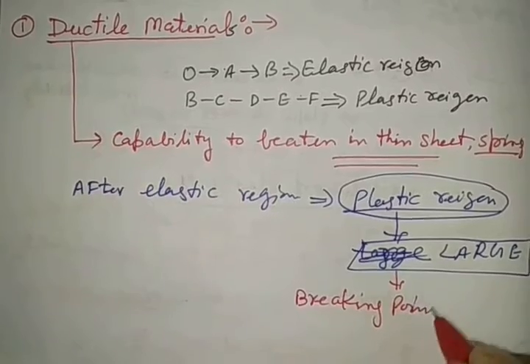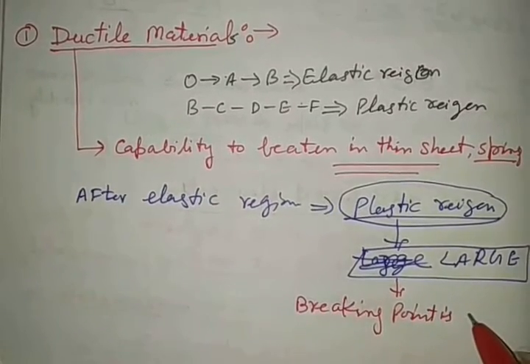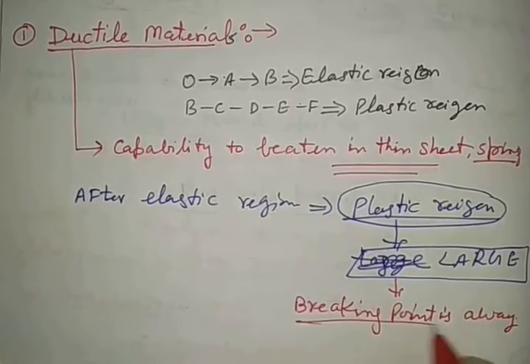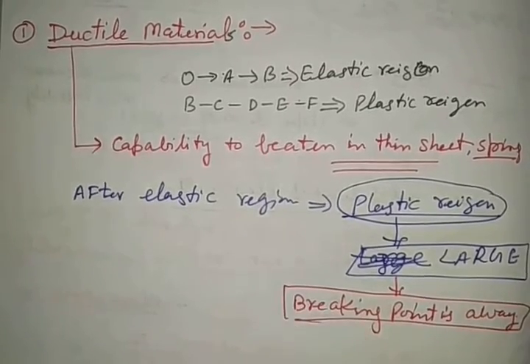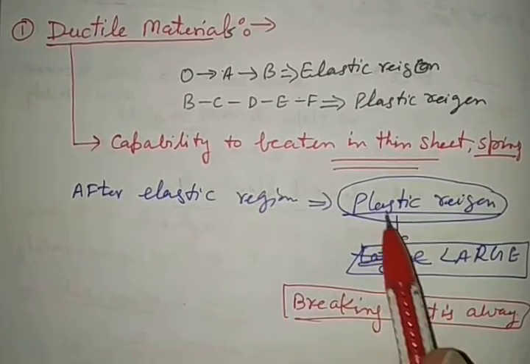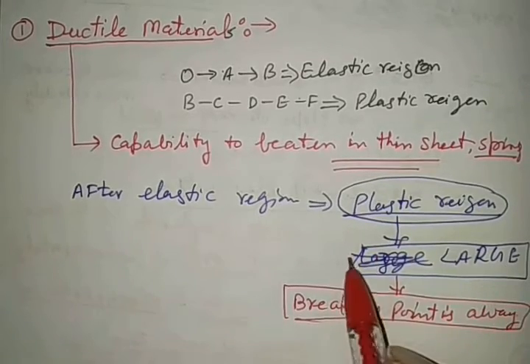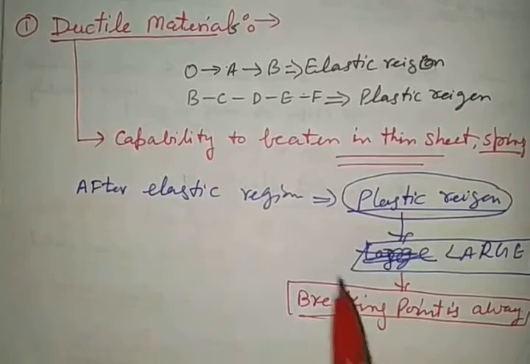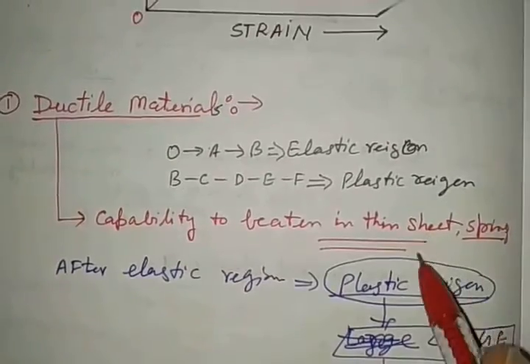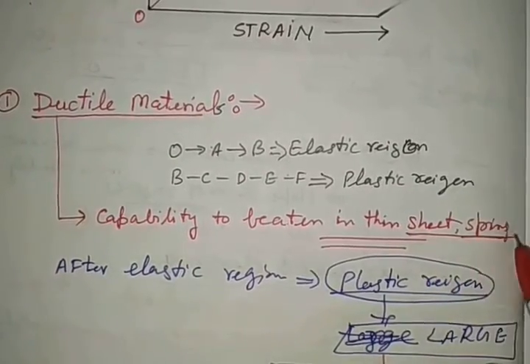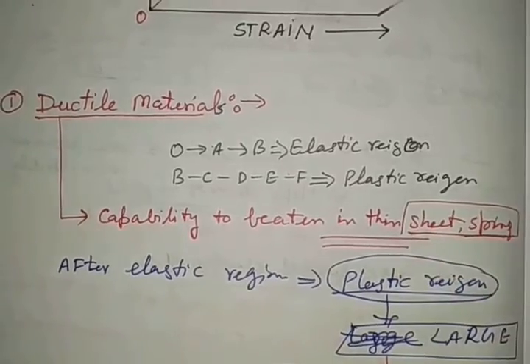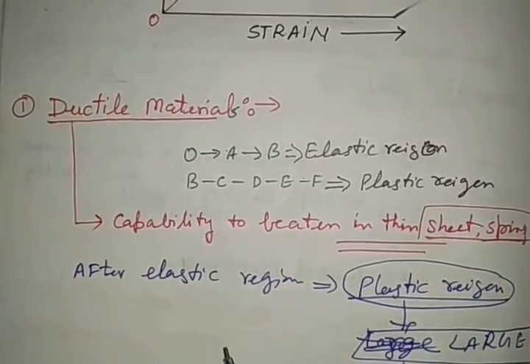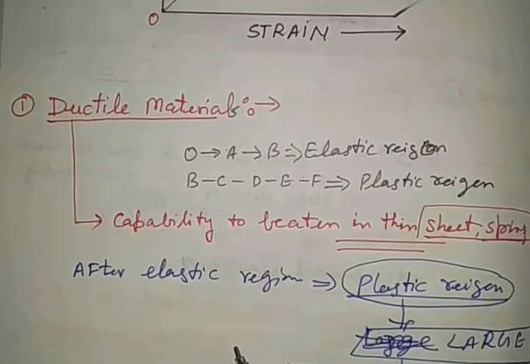The breaking point is away, right? If the breaking point is away and the plastic region is large, then that material can be utilized to form thin sheets and springs, and that material is called ductile material, and that ductility is used.